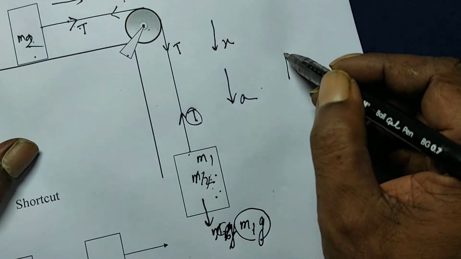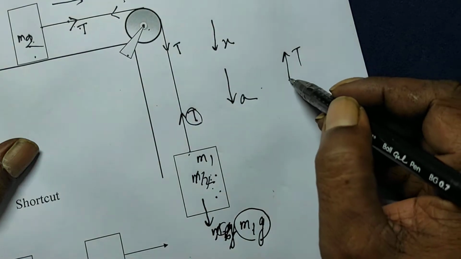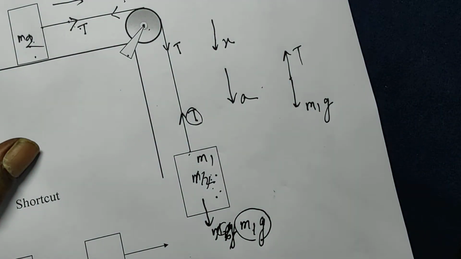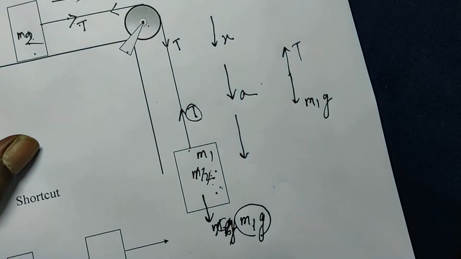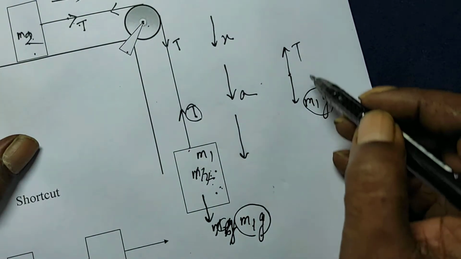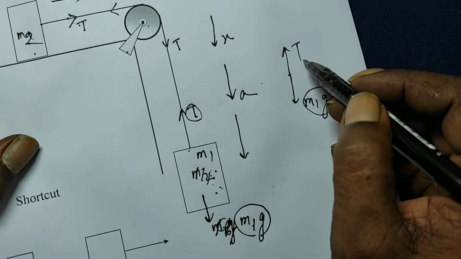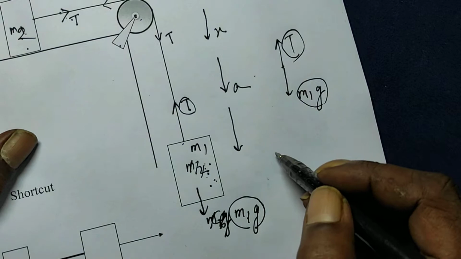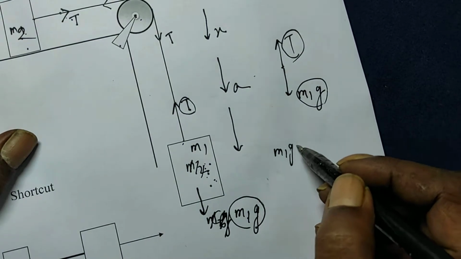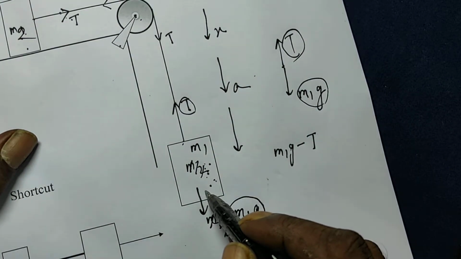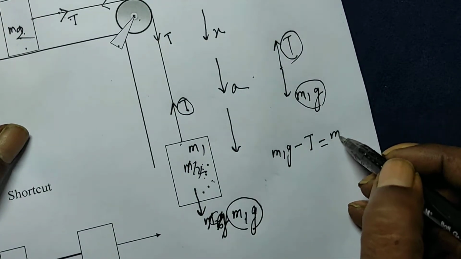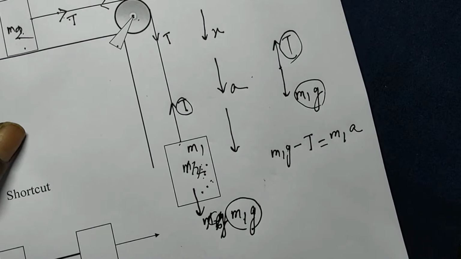This T and this M1g, they are opposite to each other, and since this is falling down, M1g has to be more than the value of T. So for this M1, the net force downward is M1g minus T. So that will be its mass into acceleration, M1 times a.